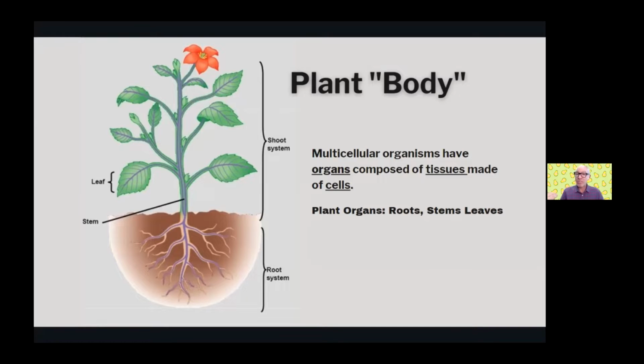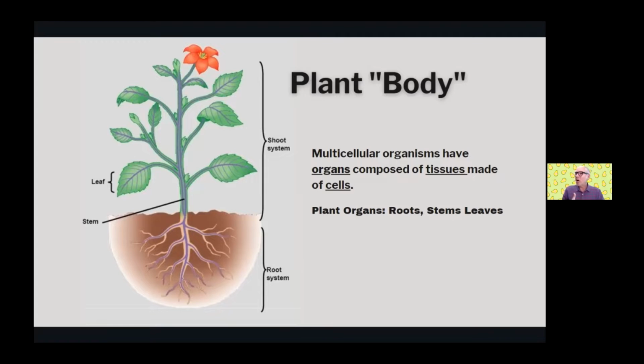We have different organs that have different functions. Of course, they're not independent of one another, but our brain has a particular function. Our heart has a particular function. And plants have organs made up of the tissues of the cells of their bodies.